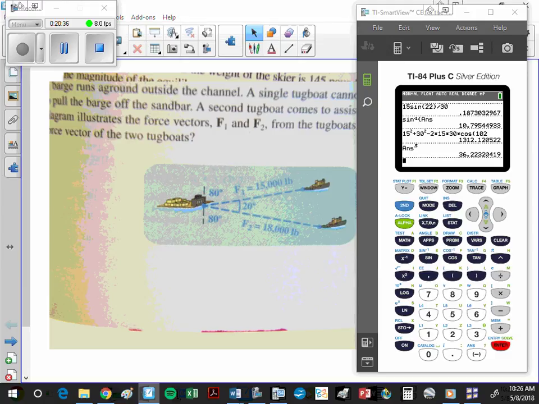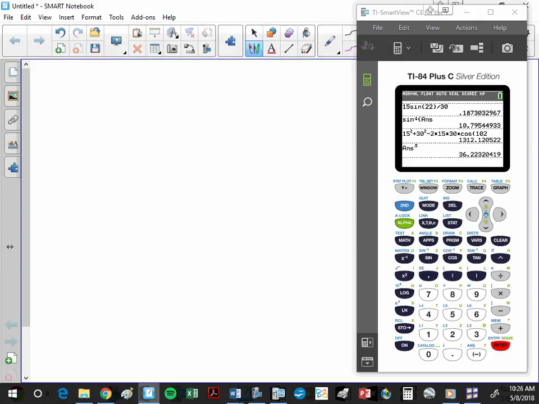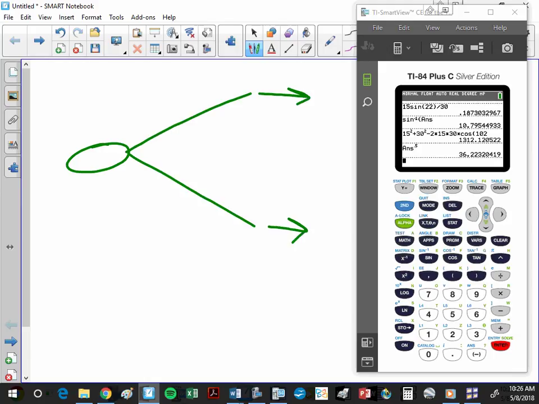So here's the stuck boat. What if they just parked out here and then they both traveled in that direction? Would that work? No, they would swing together and hit each other. So in order to avoid each other or each other's chain, they have to pull in different directions.